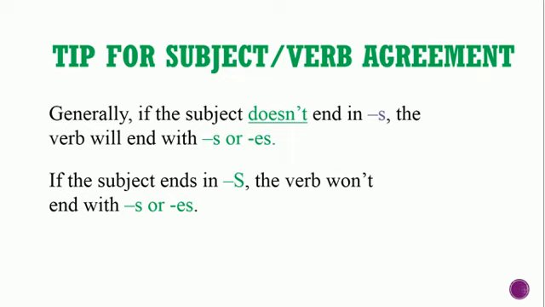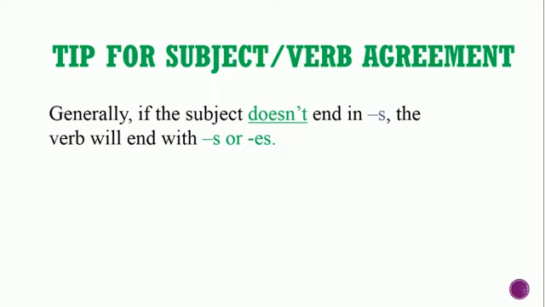In other words, if you already have an s ending for the subject, you do not need an s or es ending for the verb. When the subject doesn't have an s ending, that means it is singular, then the verb will need an s or es ending.